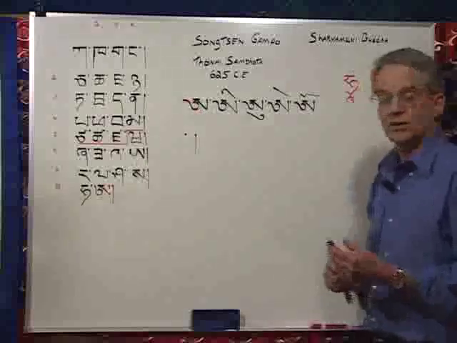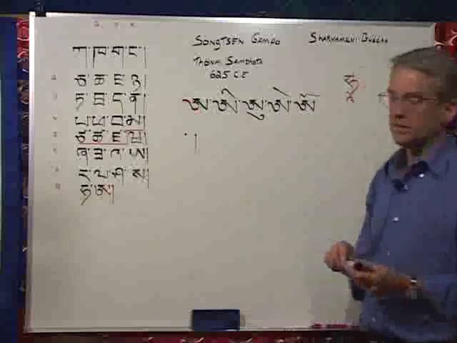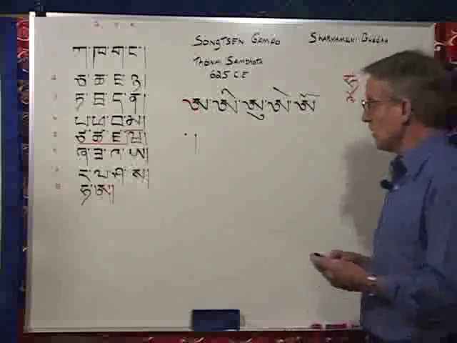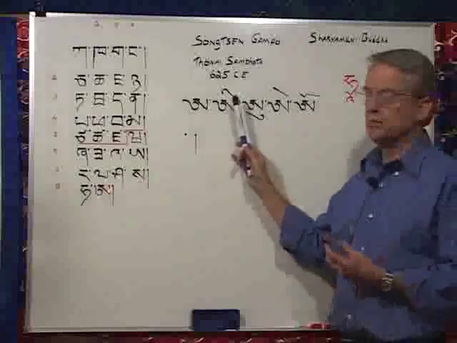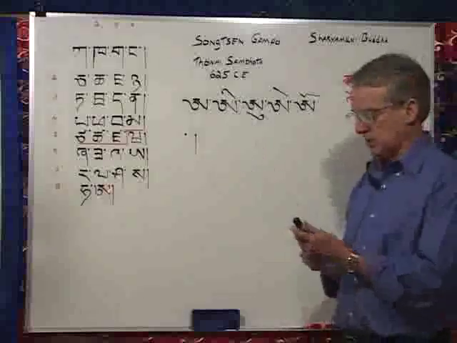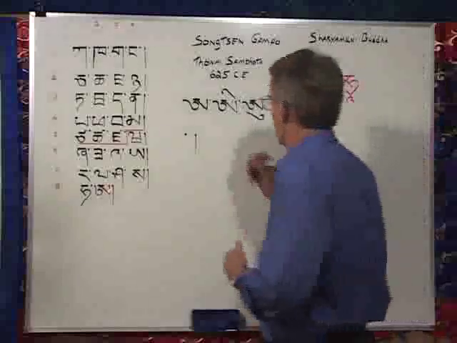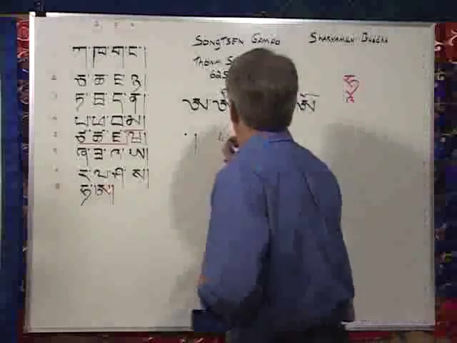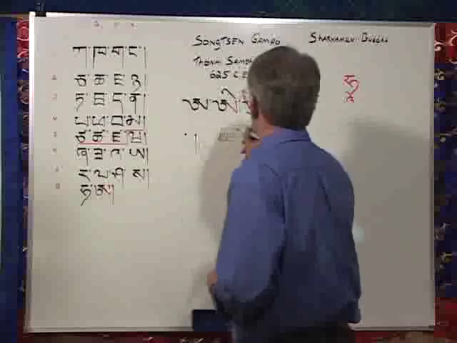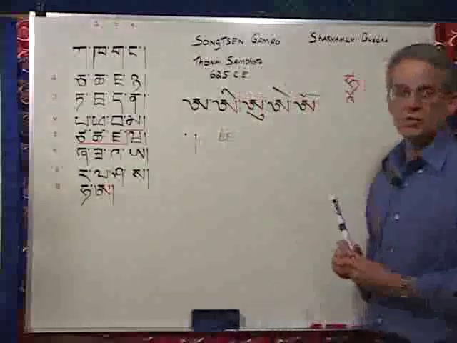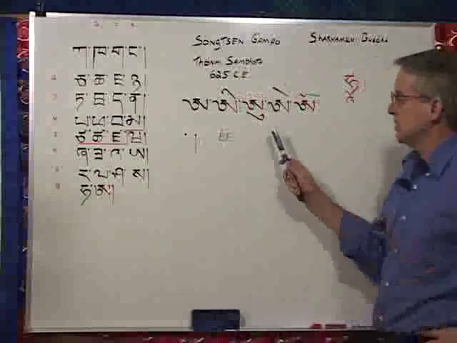So now in the Level 1 book, we're on page 5. The first vowel sign is called a gigu, and it gives the vowel sound E, as in me or we, see.